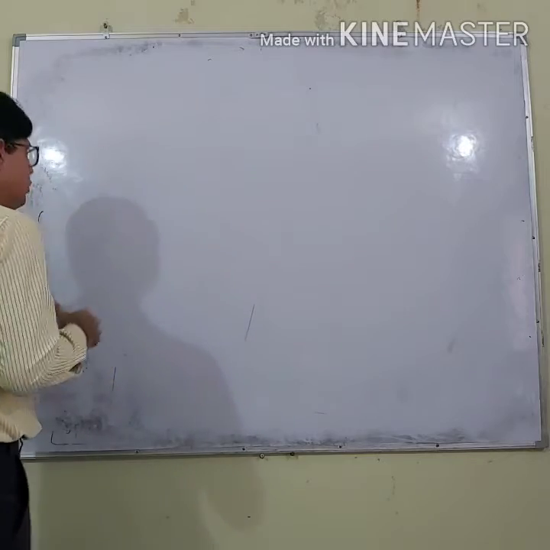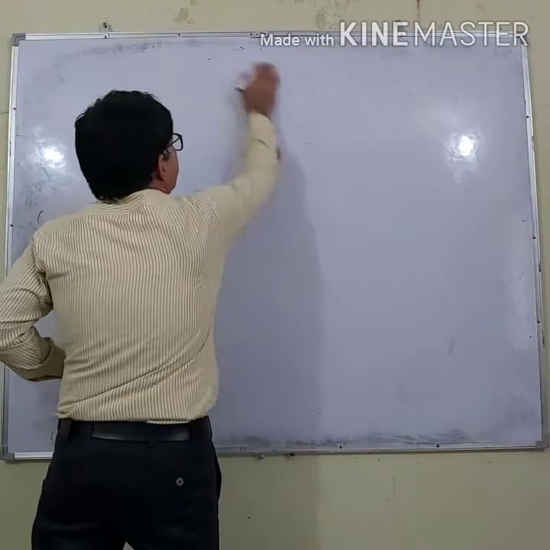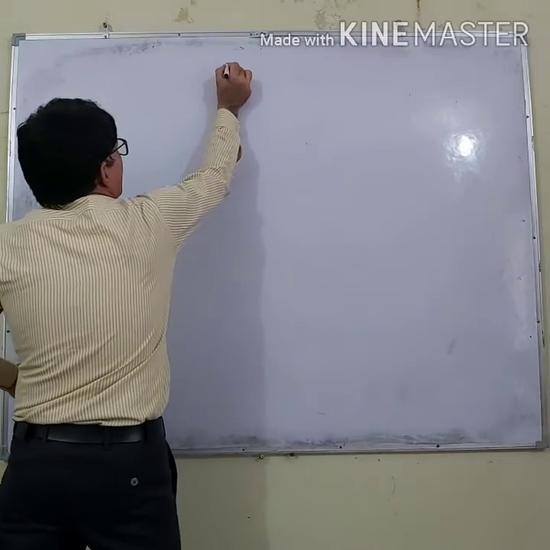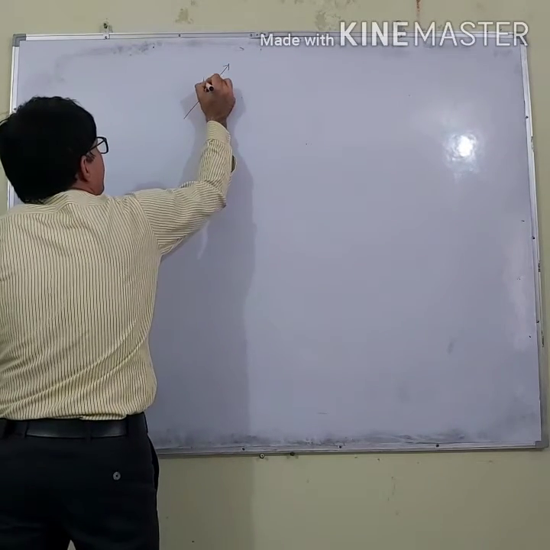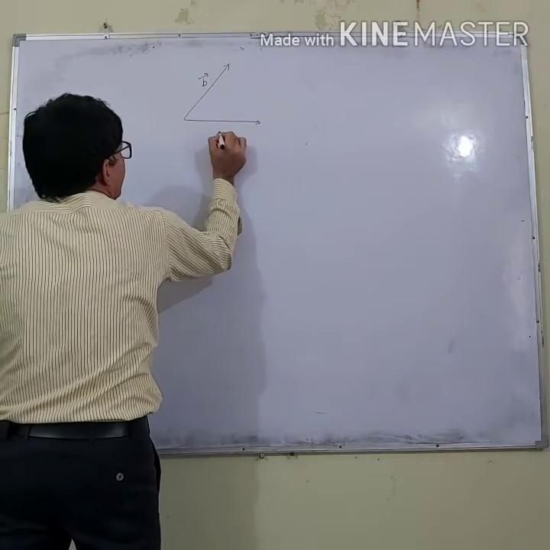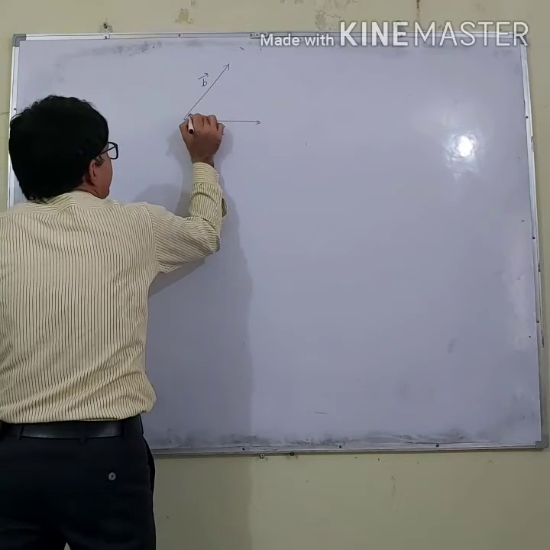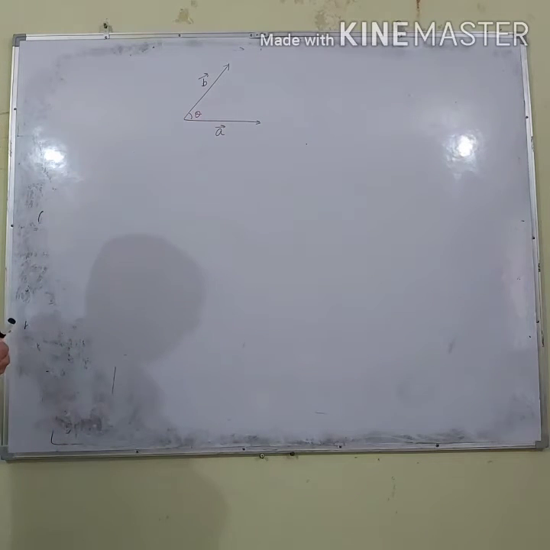Let us say we are having two vectors. This is vector B, and this is vector A, and theta is the angle between them. Can I draw a parallelogram with the help of this? Yes, we can.